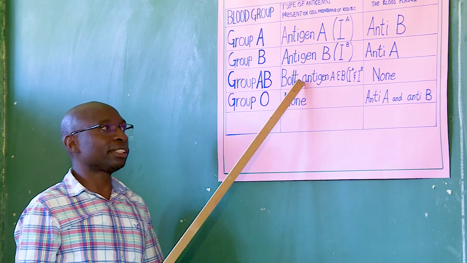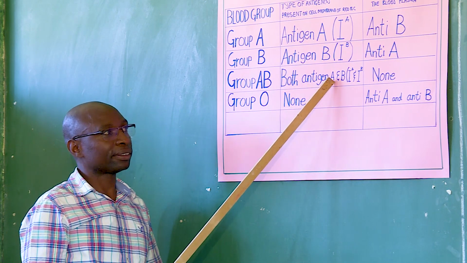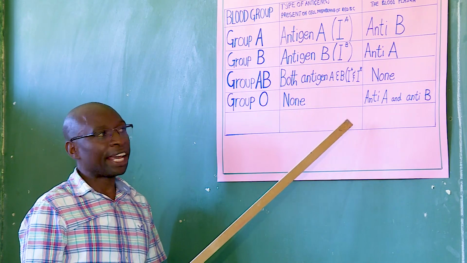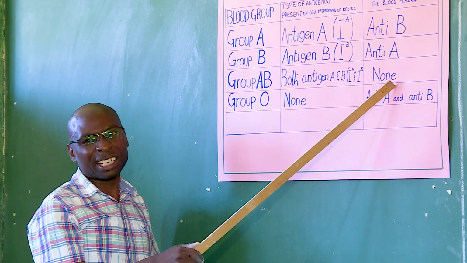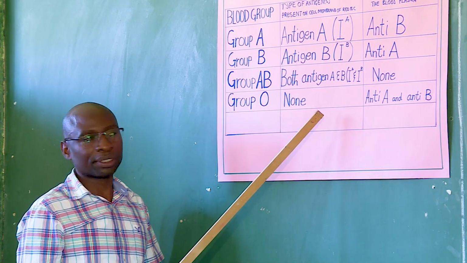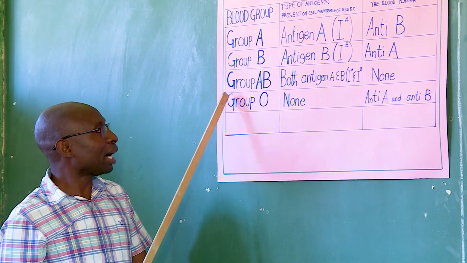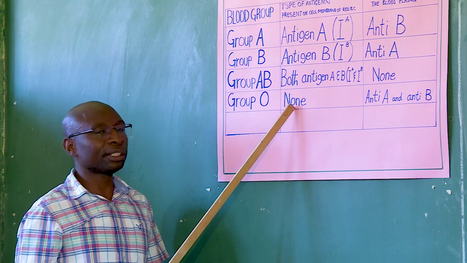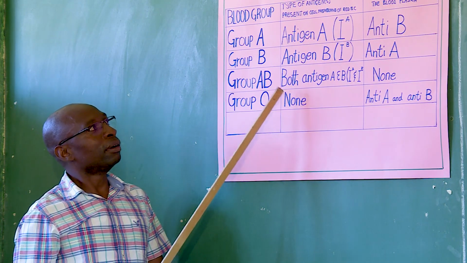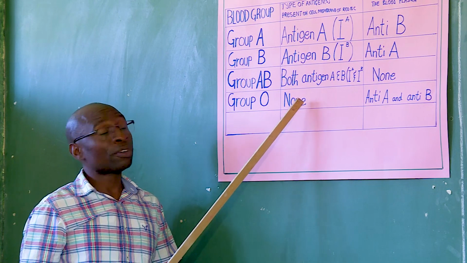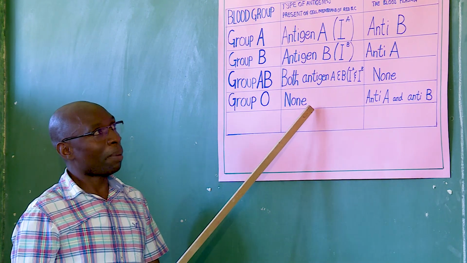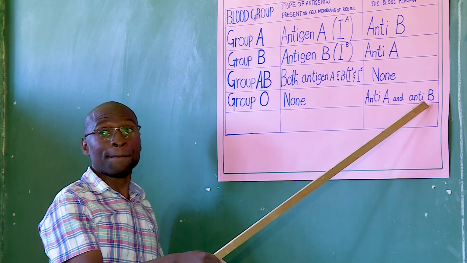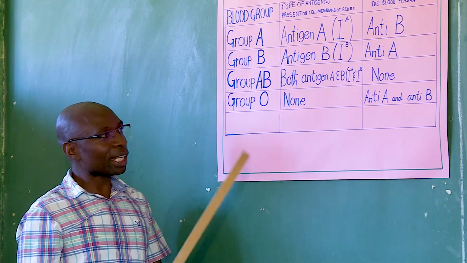We go to group AB. AB has the antigens A and B, but when it comes to the antibody, it does not have any antibody. Okay? We come to group O. Group O does not have antigens on the membrane of the red blood cells, but has antibodies, anti-A and anti-B.